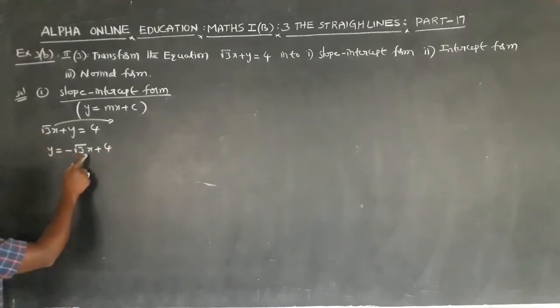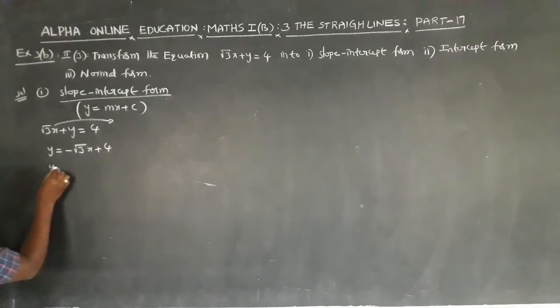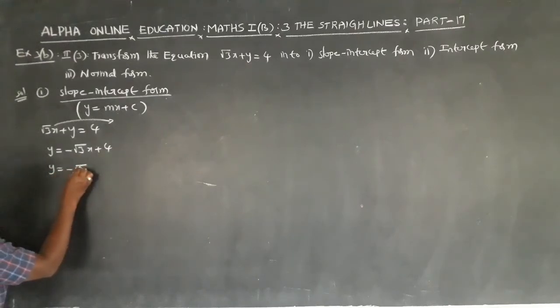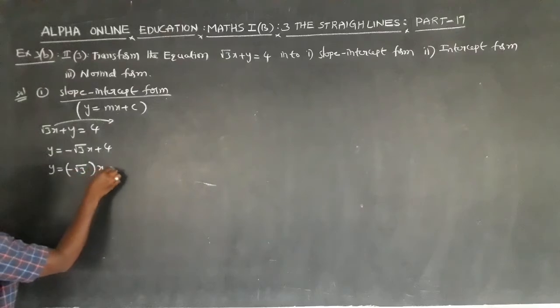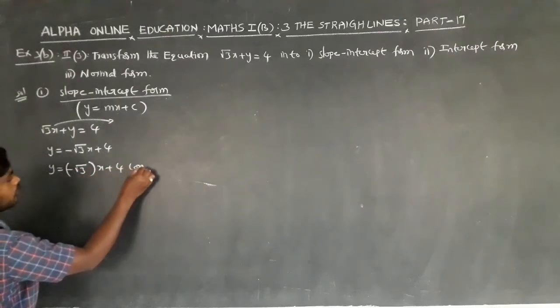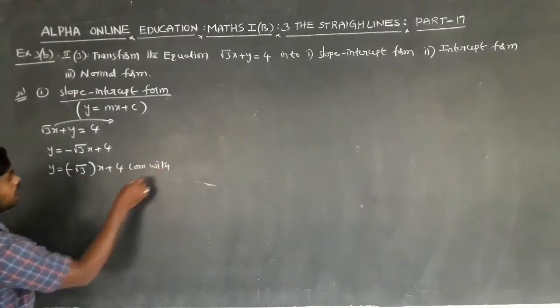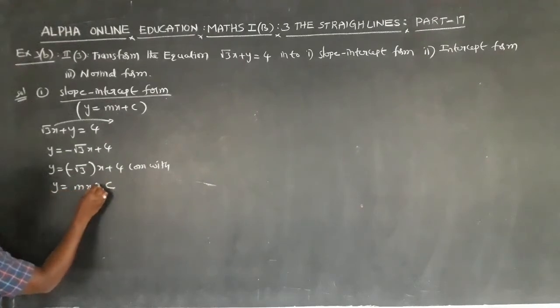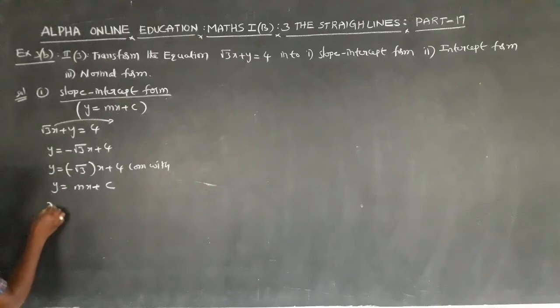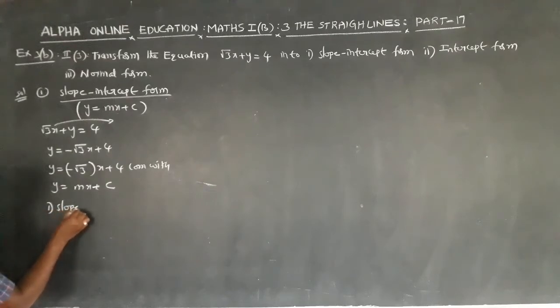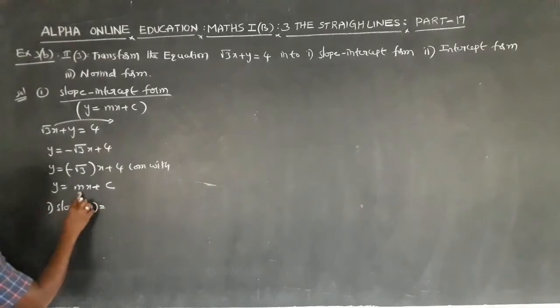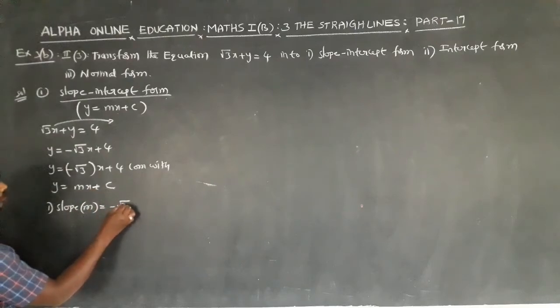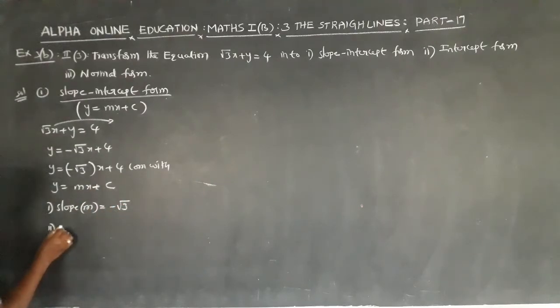Plus becomes minus. Comparing with y = mx + c, the slope m = -√3.